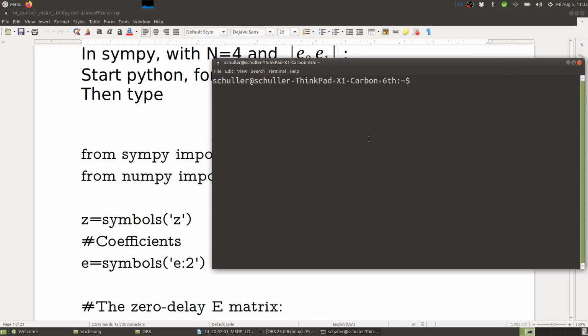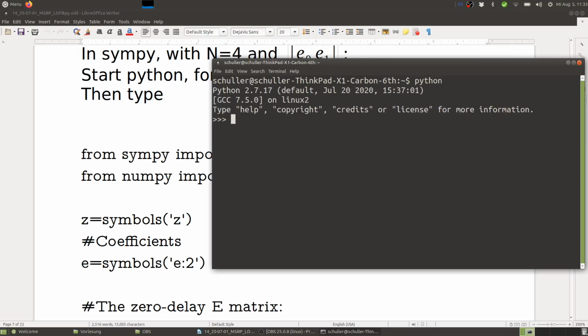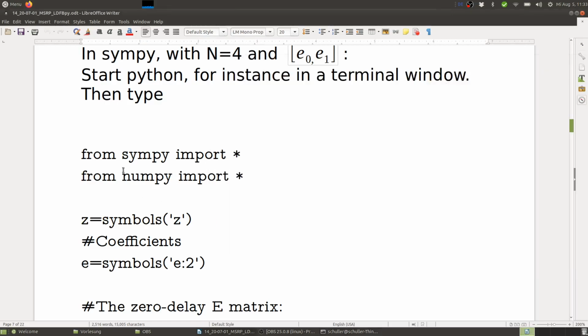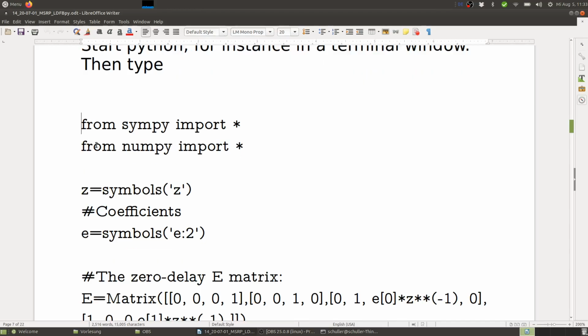And now we start with Python. So this is the normal Python now, not IPython. So I'm using SymPy and NumPy and define my symbols here.